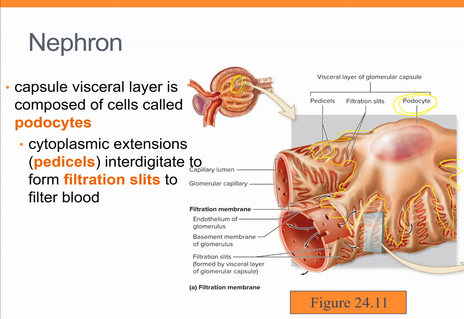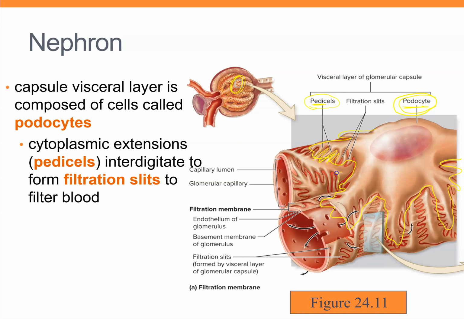These cytoplasmic extensions are called pedicels, ped like feet. And they are going to do what's called interdigitation, and that's like how puzzle pieces come together. Like if you clasped your fingers together, it's kind of like that. So the pedicels of one podocyte slide into place real close, but not quite on top of each other, with the next podocyte.